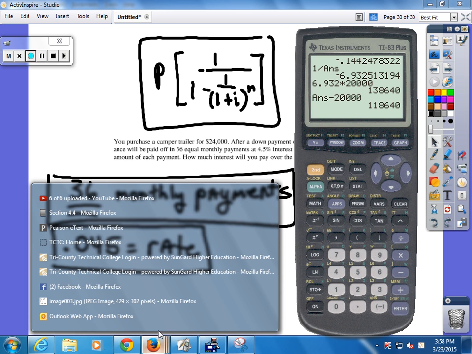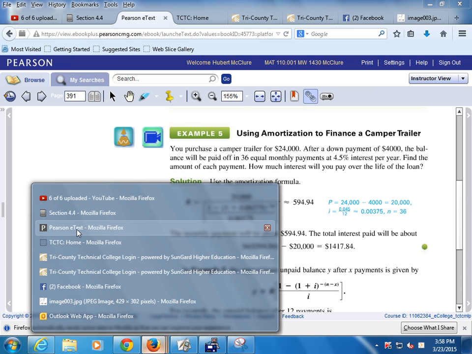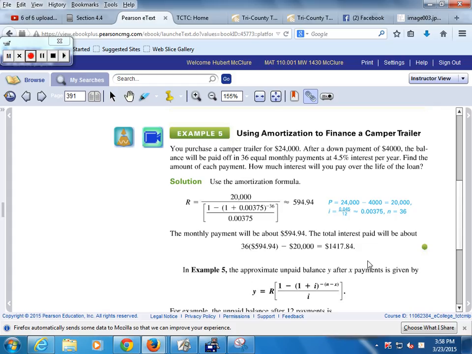I can't get it to come out. It's getting close to the end of the class anyway. Basically, what's the total interest that you paid for the car? $1,417 is what you paid. Now that's pretty good. If you ever tried doing this with a credit card, you will get sick. But I gotta figure out what I messed up. I'm not used to dealing with that I. I'm used to dealing with N over T.